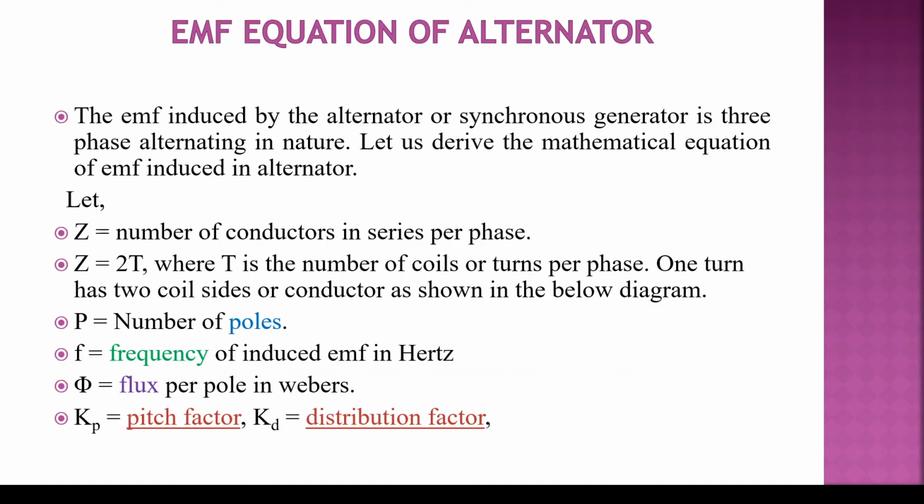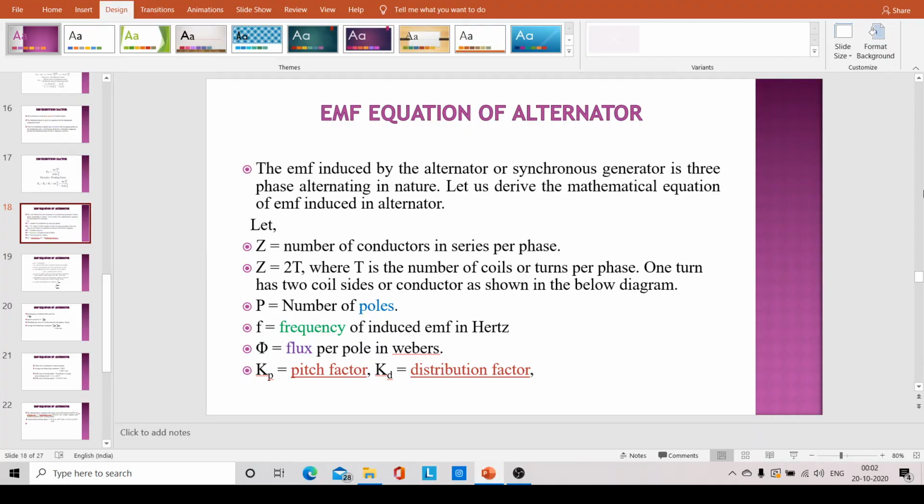Now let us see the EMF equation of alternator. The EMF induced by an alternator or synchronous generator is three-phase alternating in nature. Let Z be the number of conductors in series per phase, and Z will be equal to 2T, where T is the number of turns or coils per phase.